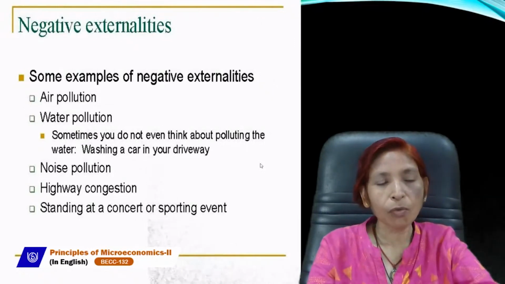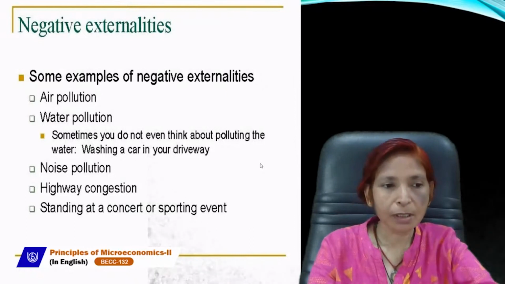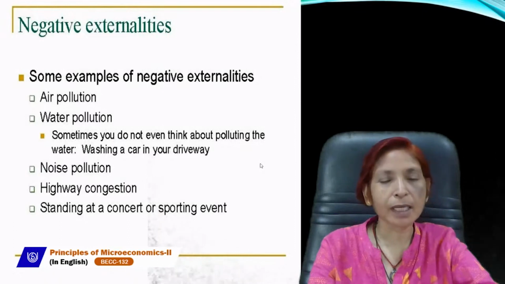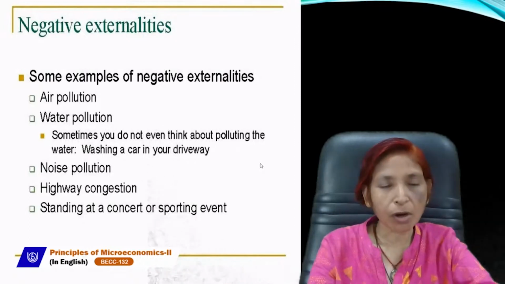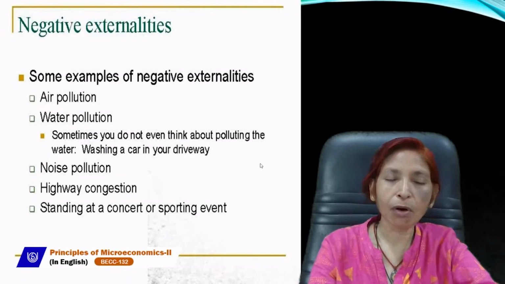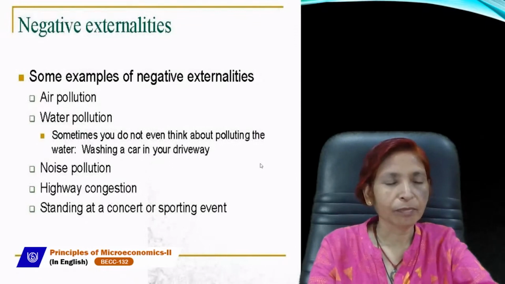Air pollution, water pollution, noise pollution, all types of pollution are examples of negative externalities, because pollution is harmful for all. Pollution doesn't give benefit to anyone.